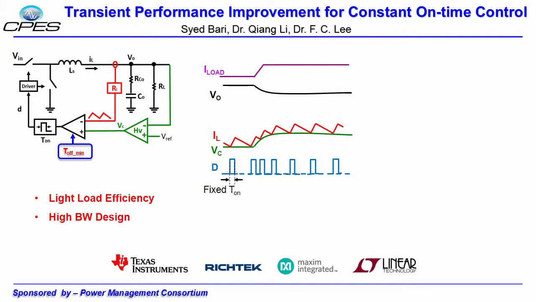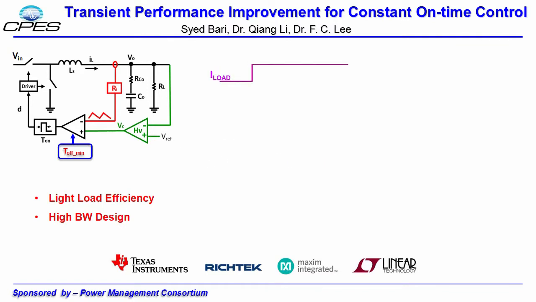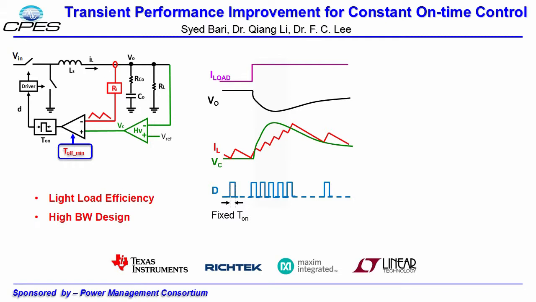In the load step up transient, when Vout falls, Vc rises and hence increases the duty cycle to increase the inductor current. But if the load step is very large and quick, then Vout falls and Vc rises very quickly. As a result, IL cannot follow and Vc and the duty cycle saturate.